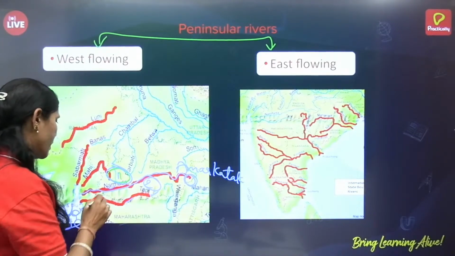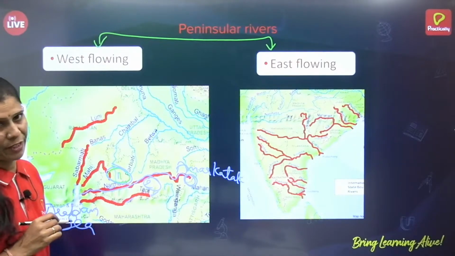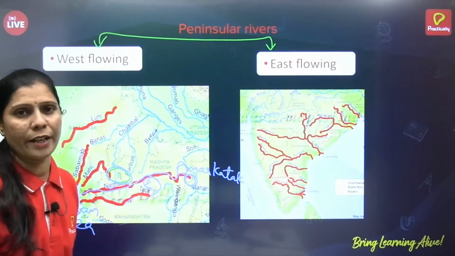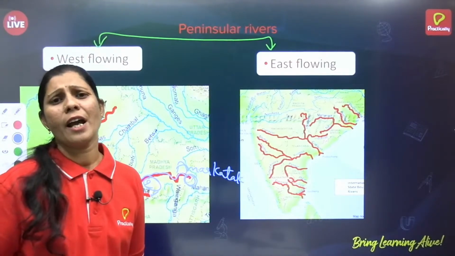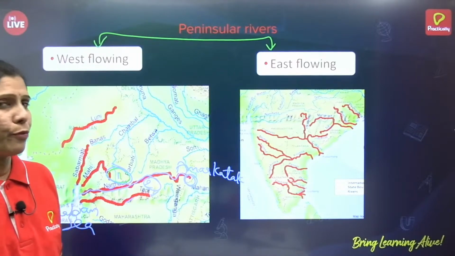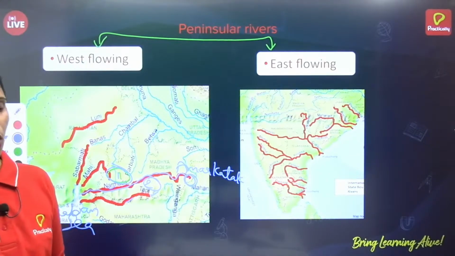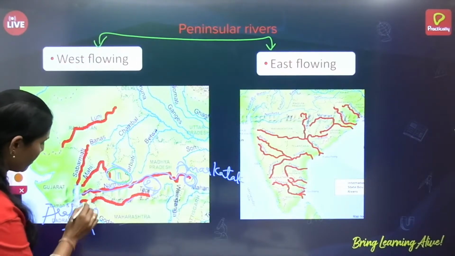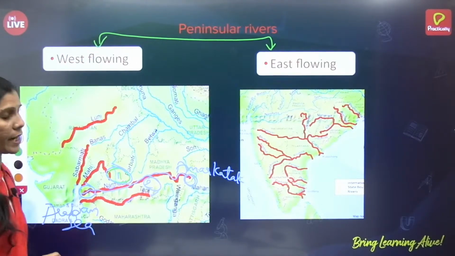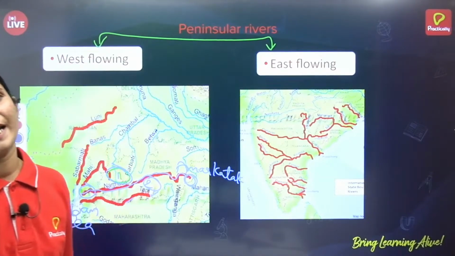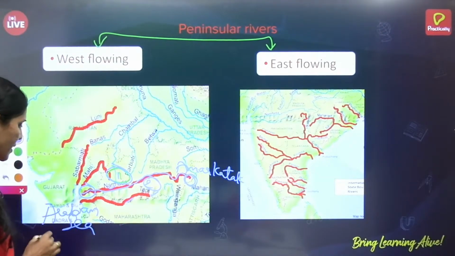That's why conservation of river Narmada is important. By the end of its journey, it forms very beautiful structures like gorges. The most famous one is Dudh Sagar fall, which is formed by river Narmada, and finally it merges with the Arabian Sea.